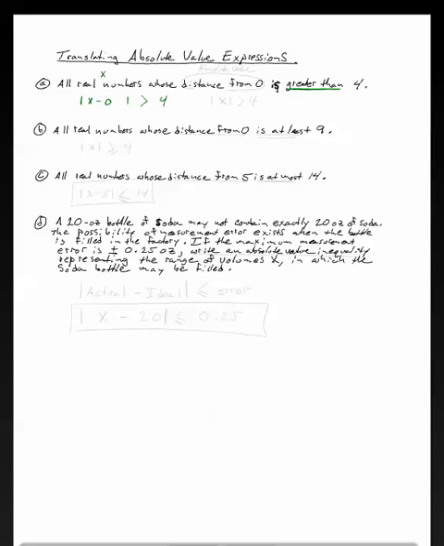Now we're going to clean this up a little bit because we know that x minus 0 is just x if we're not taking anything away. So what we actually get is the absolute value of x is greater than 4. Another way to remember this is that distance from 0 is the definition of our absolute value.